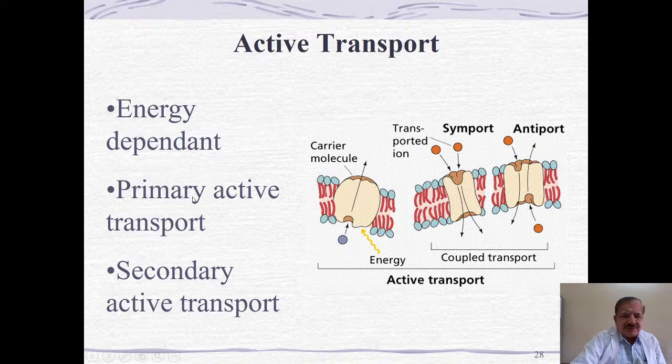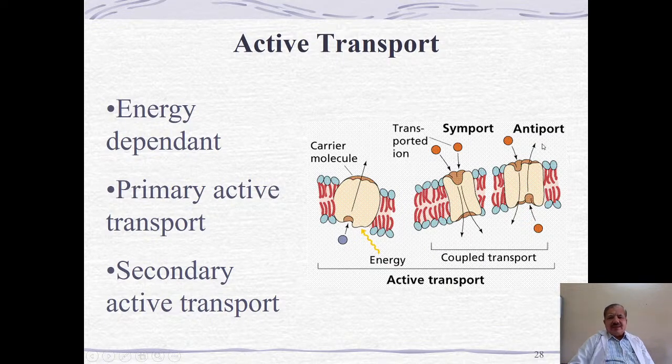Primary active transport. This is primary active transport. The carrier molecule brings it inside. That is called symport. Glucose is transported from outside to inside. Antiport: once one molecule is coming from outside to inside, one molecule from inside is also going outside.